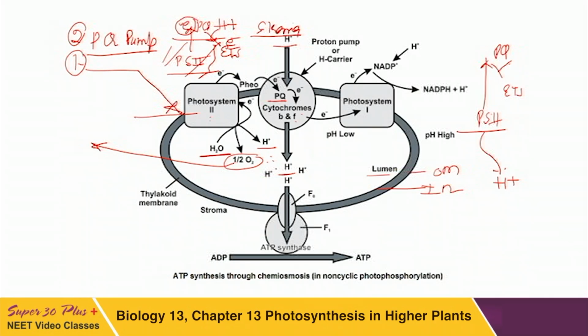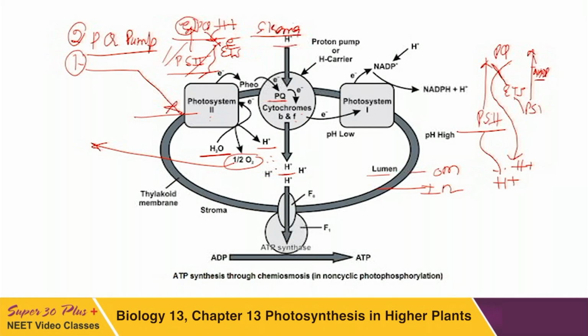Because of the proton pump, the protons have again accumulated here. After that, what happens? The electron from the electron transport system will go to photosystem 1. From photosystem 1, they will go here and ultimately will be received by NADP.